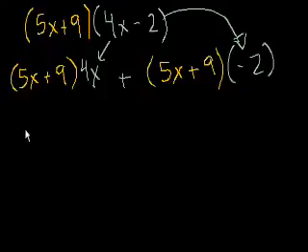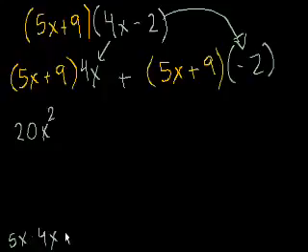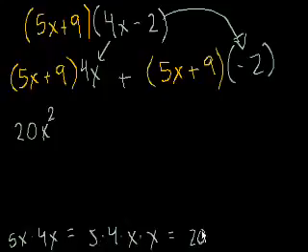5x times 4x is 20x squared. Hope that makes sense to you, because 5x times 4x is the same thing as 5 times 4 times x squared, and that equals 20x squared.